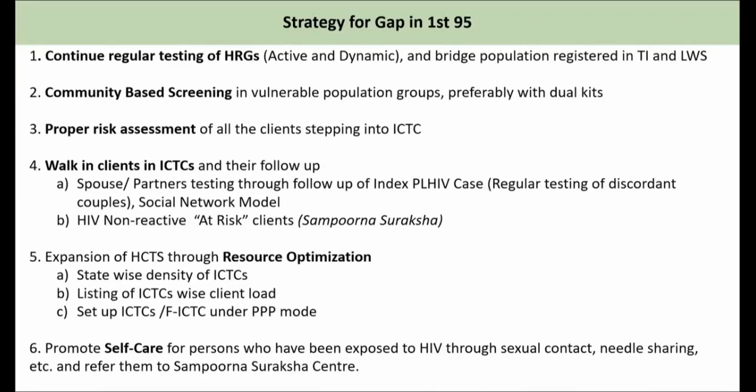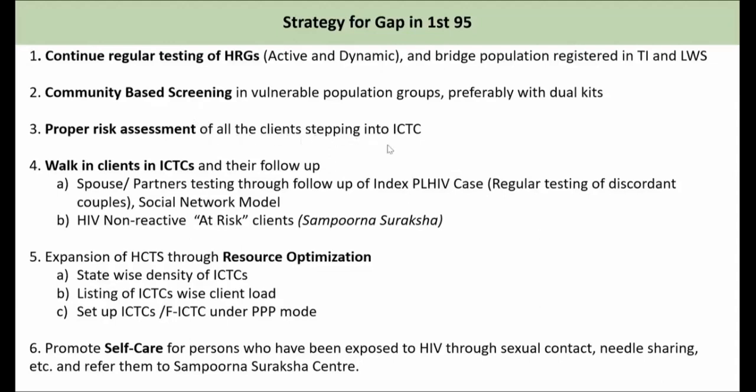So a line list needs to be maintained at TI and link worker sites, just to make sure regular follow-up testing is happening for the HRG clients. We can identify sites for improvement in our community-based screening so that we can scale up to the level wherever it is needed. In hard and difficult terrains, we can provide community-based screening to the vulnerable population group, preferably with the dual kits.